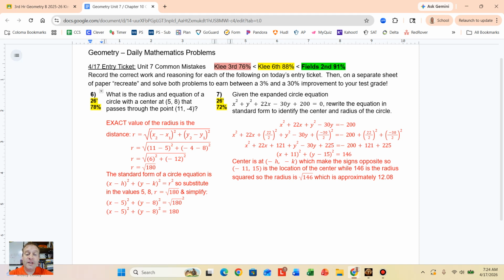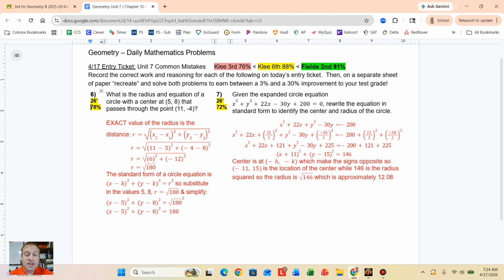So what have we learned? The center is always at negative h, negative k, which makes the signs opposites, which means our center is at (-11, 15). That's our h and our k, and the 146 is the radius squared, so if we square root that, we get the square root of 146, which is approximately 12.08.